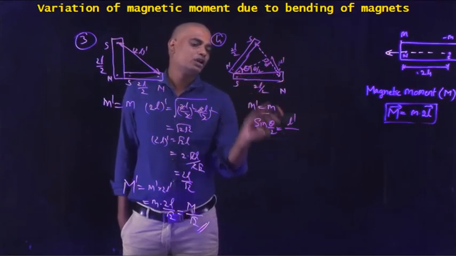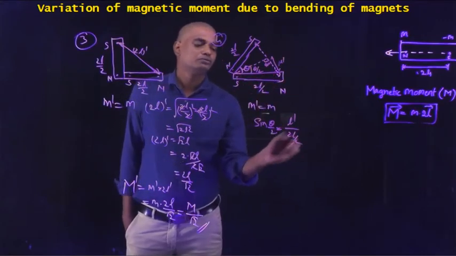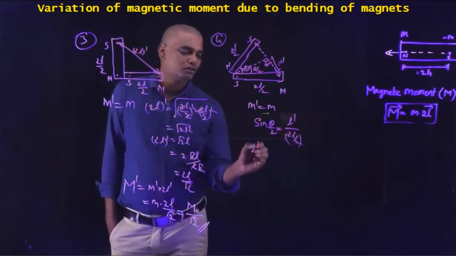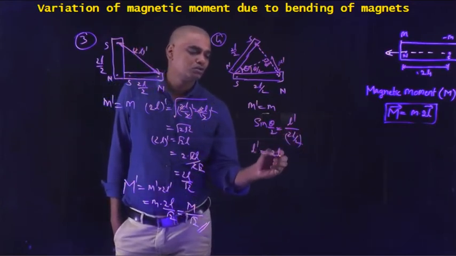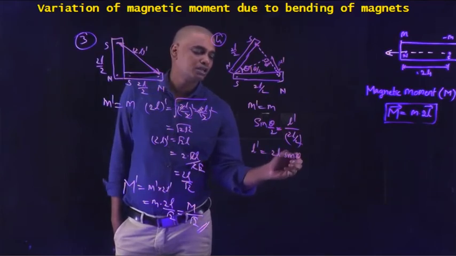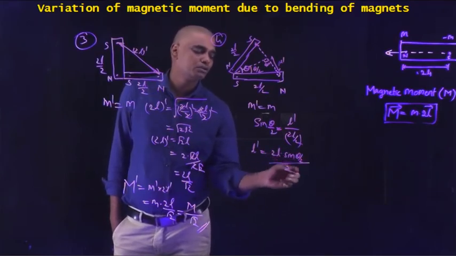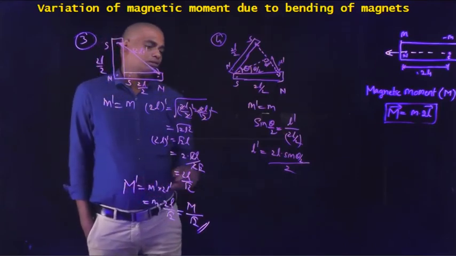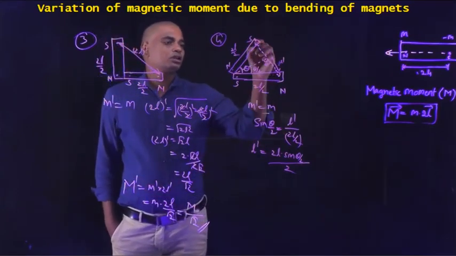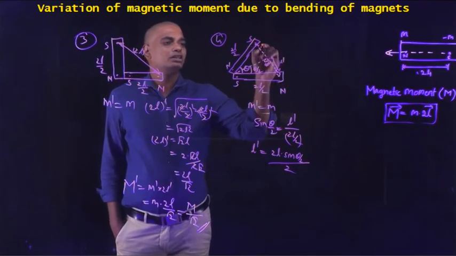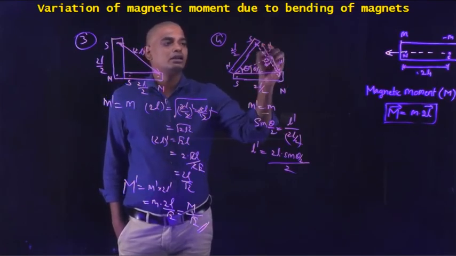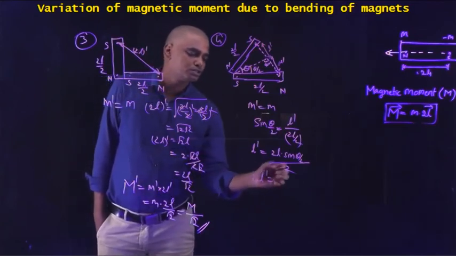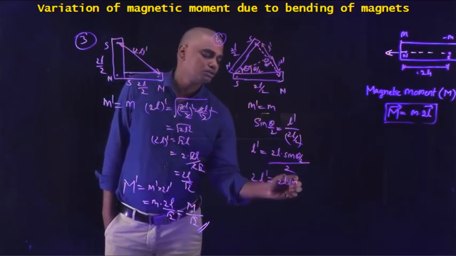Here the length of the hypotenuse is 2l by 2. Therefore L dash is equal to 2l into sine theta by 2, divided by 2. Or sorry, the total length will be 2L dash. Here L dash and here also L dash, so the total length will be 2L dash. Therefore 2L dash is equal to 2L sine theta by 2.